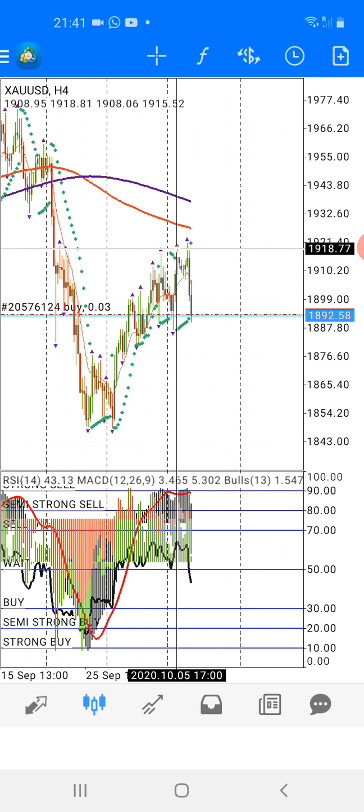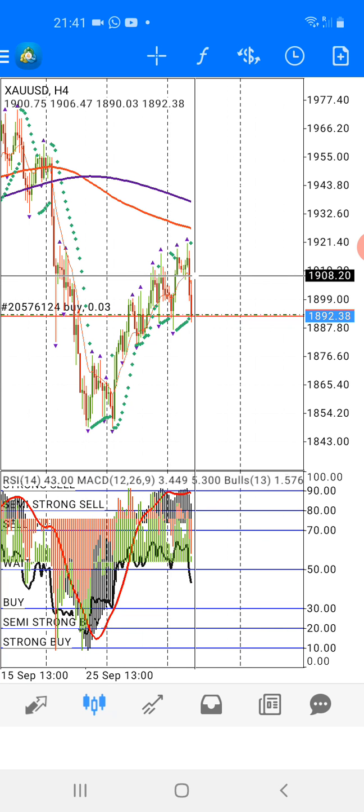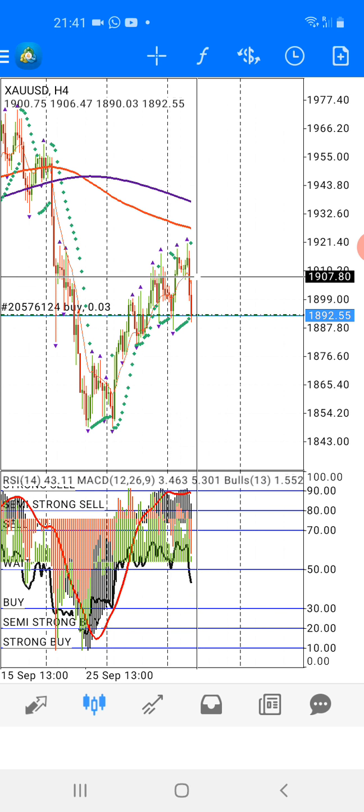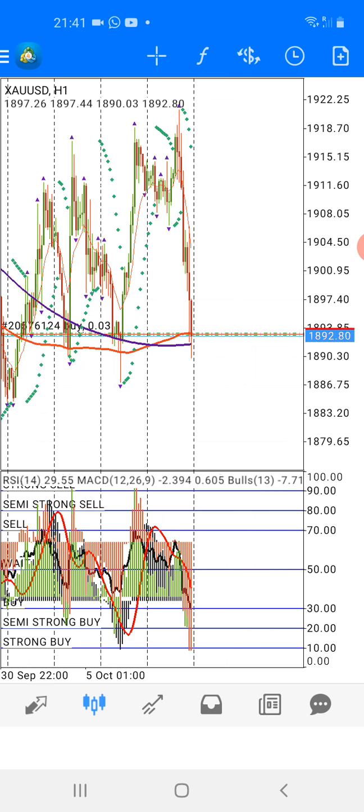So now I entered, and also the people I gave the signal earlier entered the trade from here. This is where I made my initial entry, and the previous ones around here. So the market moved, and of course my major TP, because people used to wonder why I don't use TP sometimes, is always at this 1 hour chart, the same 300 moving average.